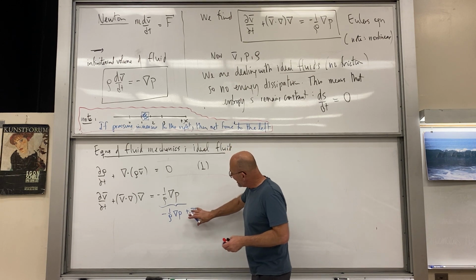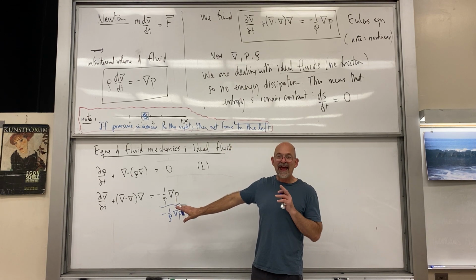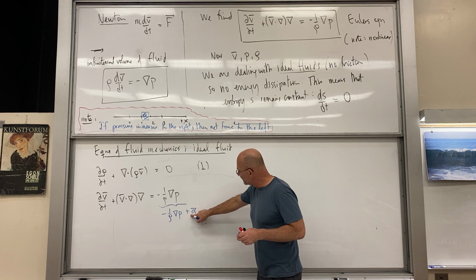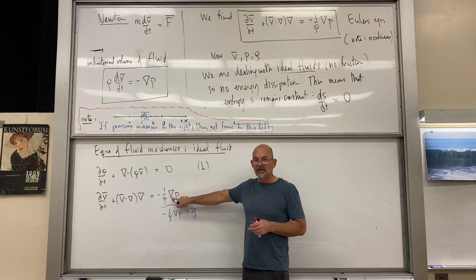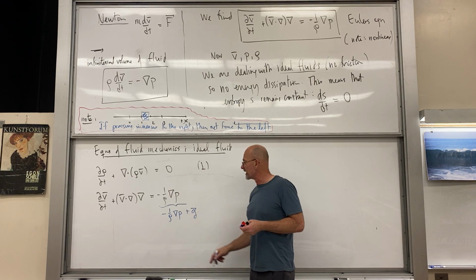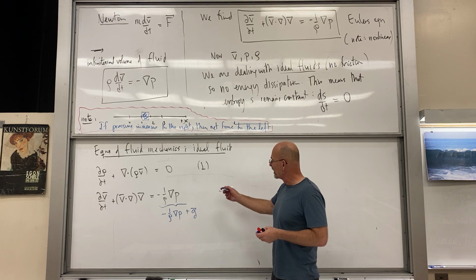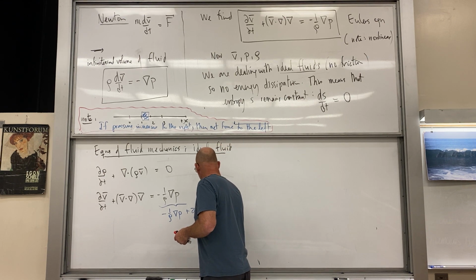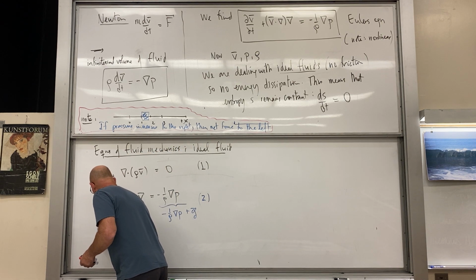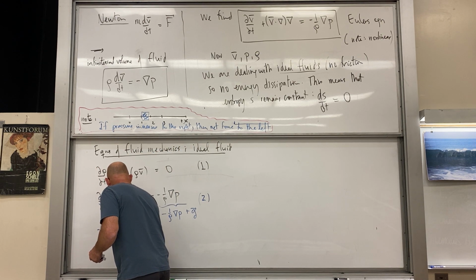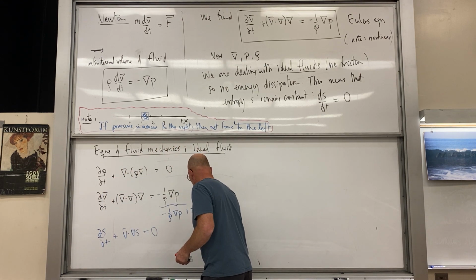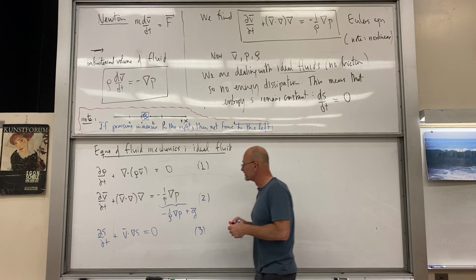You can add this explicitly, but you don't have to, because this external field could be incorporated into the pressure. There's no problem there. One way or the other, we've got that. And then we have what we just found, dS/dt plus v dot gradient S equals 0. We'll call that 3.